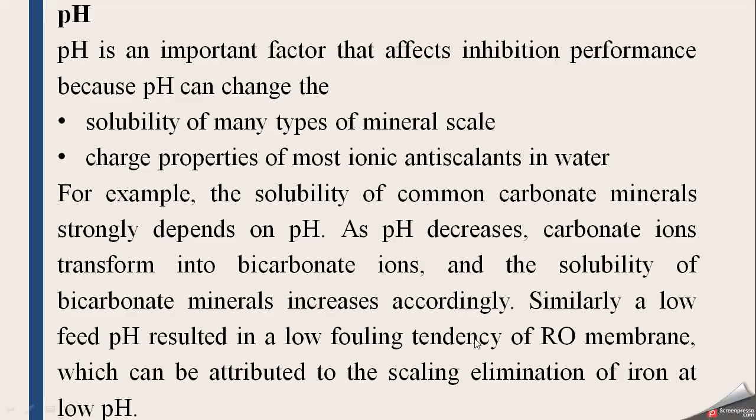Similarly, a low feed pH results in a low fouling tendency of the RO membrane, which can be attributed to the scaling elimination of iron at low pH, because at low pH these metallic compounds start dissolving in the water, and if pH starts increasing, they have a tendency to precipitate on the surface.